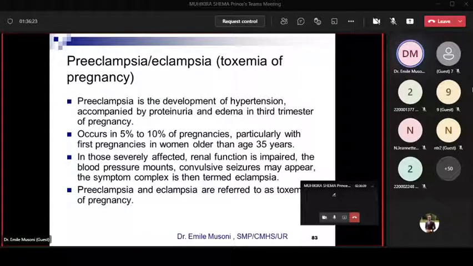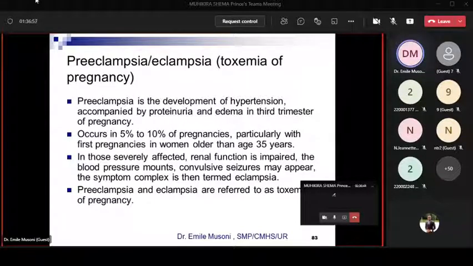Eclampsia, preeclampsia, what you call toxemia of pregnancy, is the development of hypertension, proteinuria, and edema in the third trimester of pregnancy. When you find a female with hypertension, proteinuria, and edema in the third trimester of pregnancy, you say that you are dealing with eclampsia.